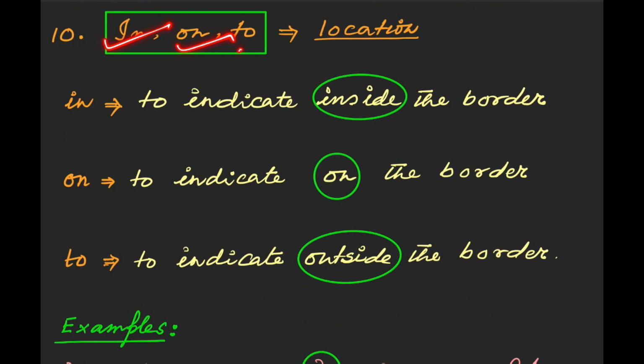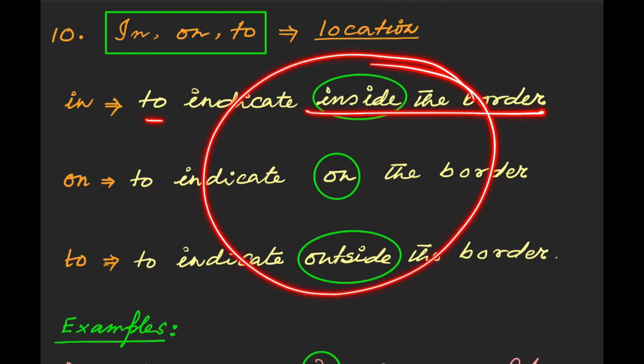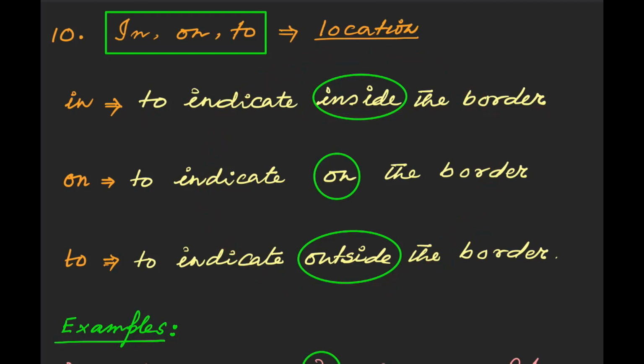In, on, to. Now we'll see how these three prepositions are used in English to locate the position of a place, to indicate the location. In is used to indicate inside the border. Suppose this is a circle. In is used to indicate inside the circle.